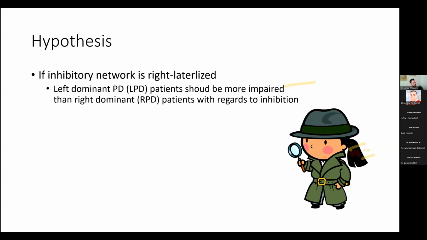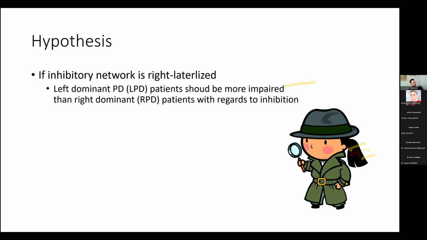So Parkinson's starts always on one side or on the other side, and we can use patients that were diagnosed with Parkinson's disease and use this information. And effectively, left dominant PD patients should be more impaired because the right substantia nigra is impaired.